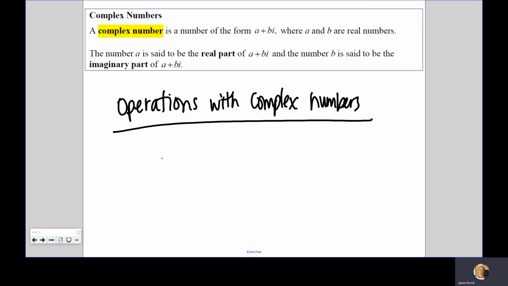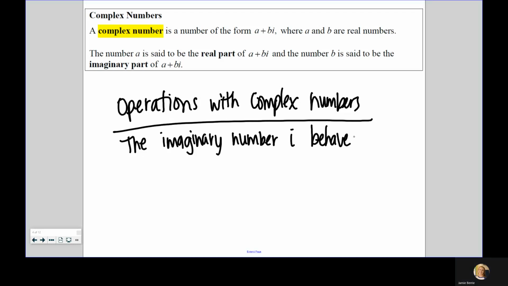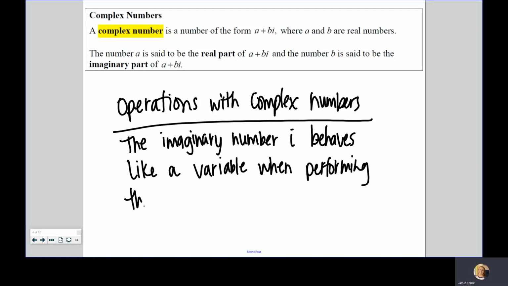All right, so the imaginary number i behaves like a variable when performing the operations of addition, subtraction, and multiplication.